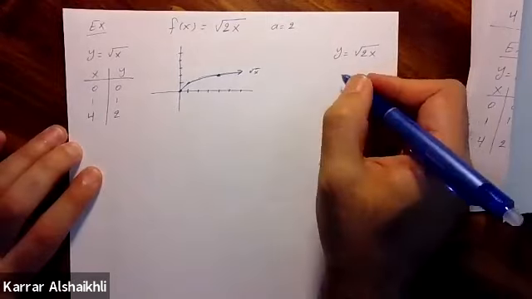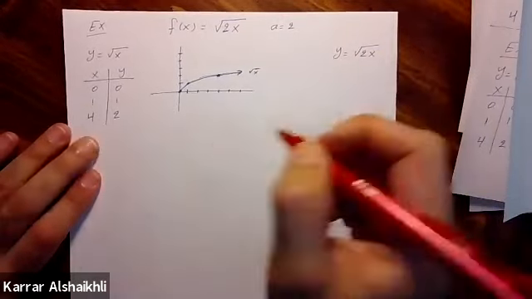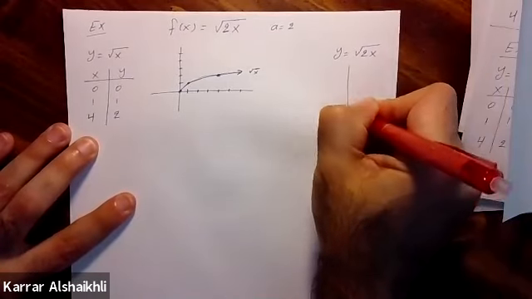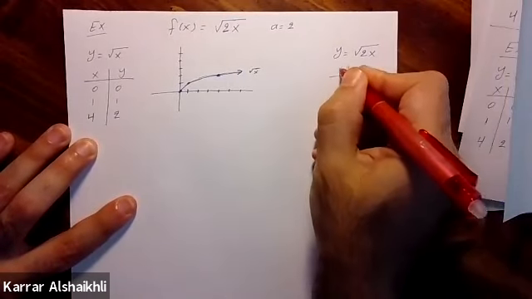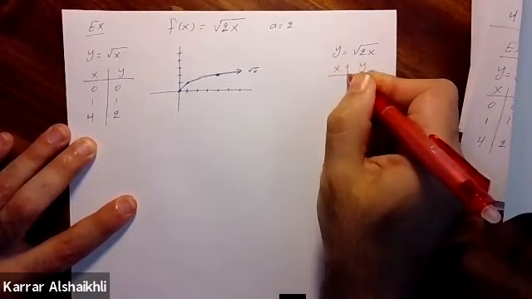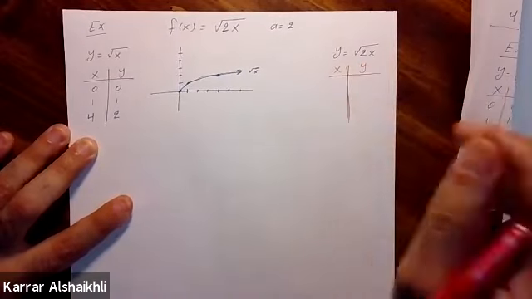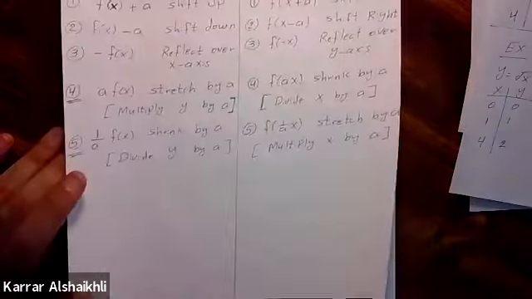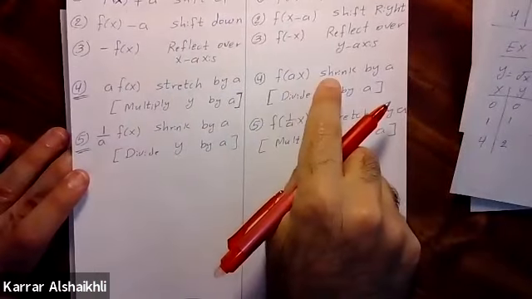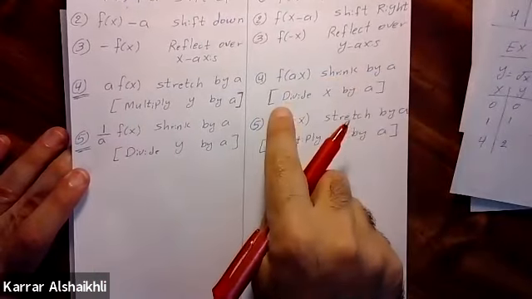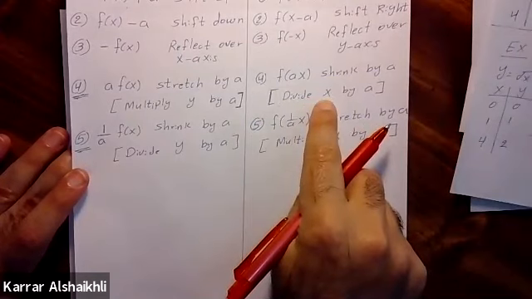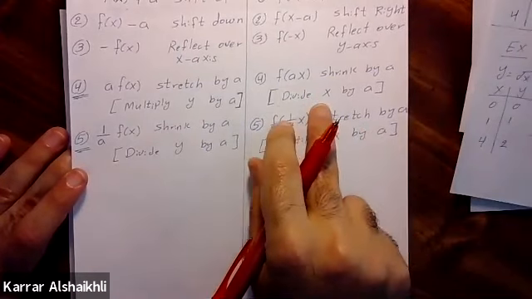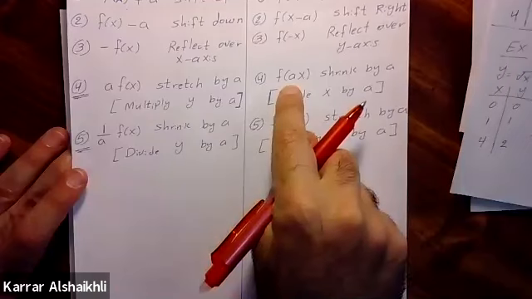So let's create the table here for the new graph: x, y. Now let's go back to the notes. It's a horizontal shrink by a. We have to divide x, not y, because it's a horizontal shrink, because the number exists inside the parent function.